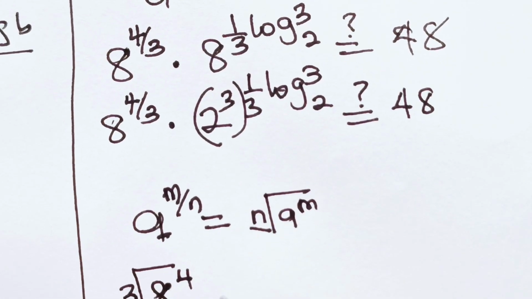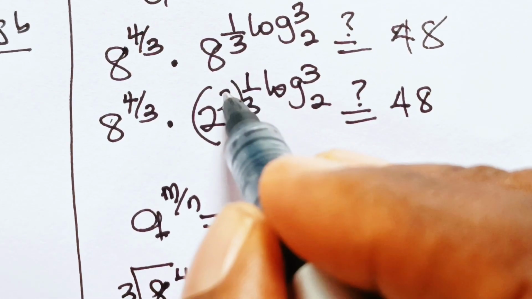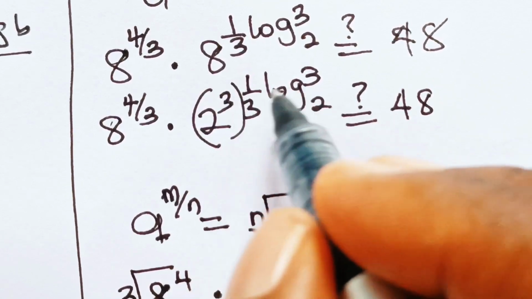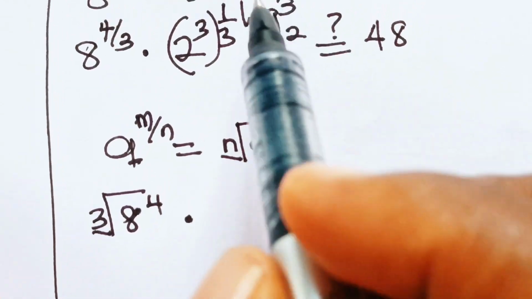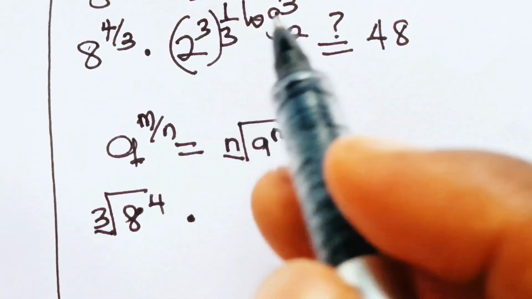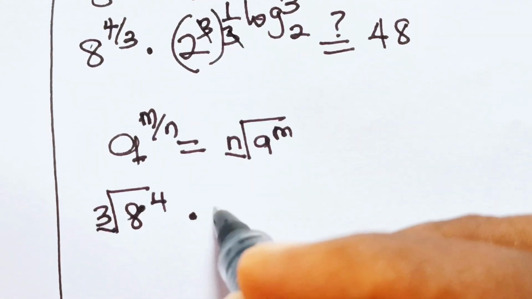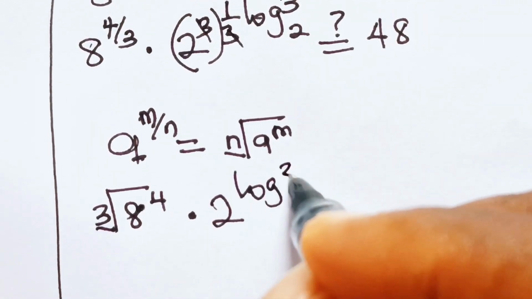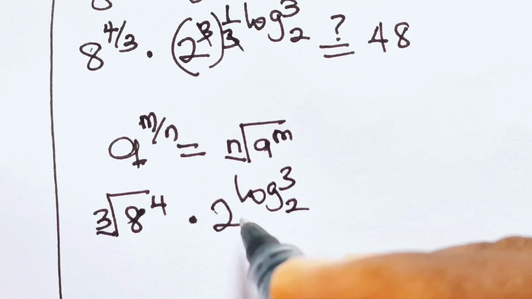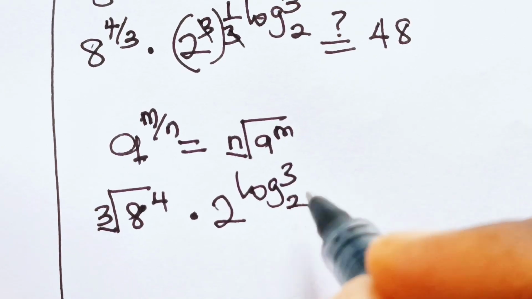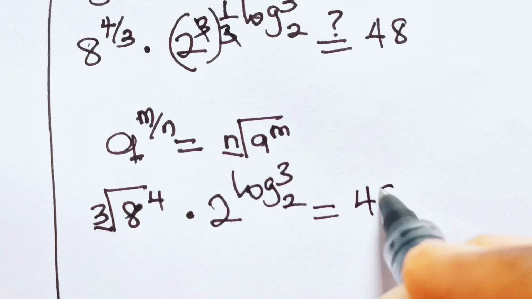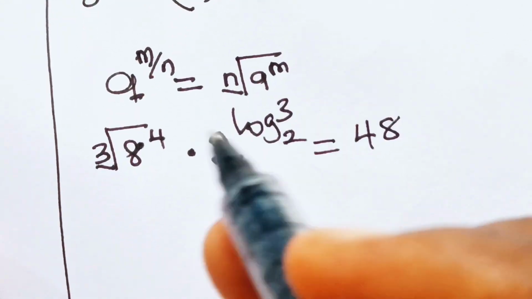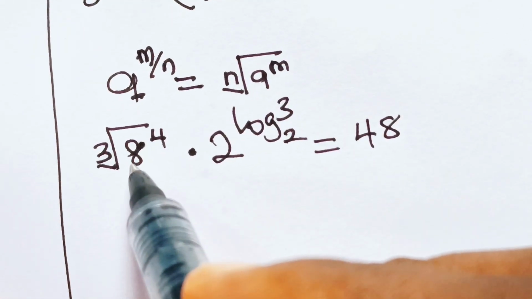Now multiplied by, when you have two powers, they multiply each other, right? So we cancel this. We have 2 to the power of log 3 base 2, which is equal to 48. Now the cube root of 8 will give us 2.